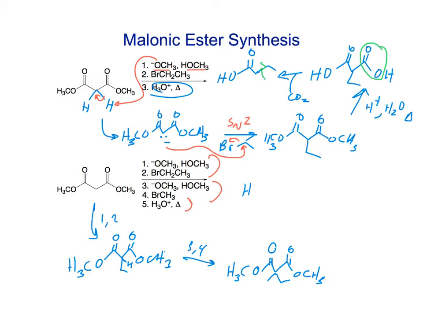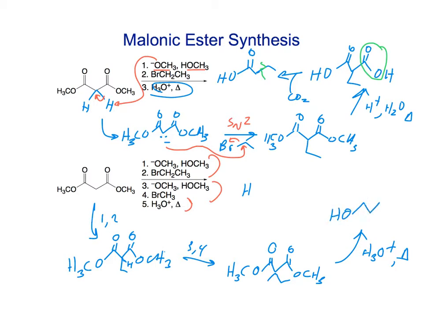Okay, can we alkylate it again? No, there's no proton on it anymore, so there's nothing to deprotonate, right? We can't make an anion there. So now we're going to treat it with our acid and heat, right? The first step is always going to be the hydrolysis.